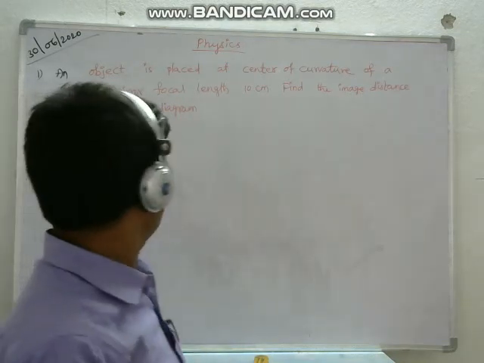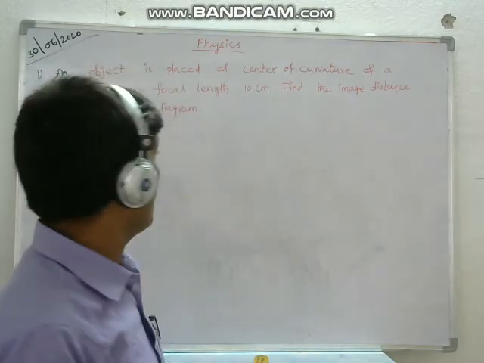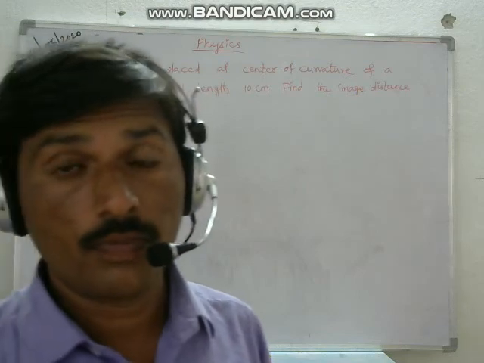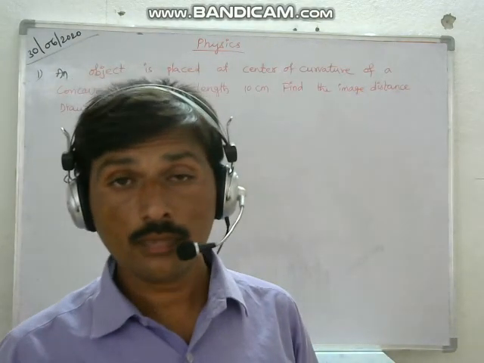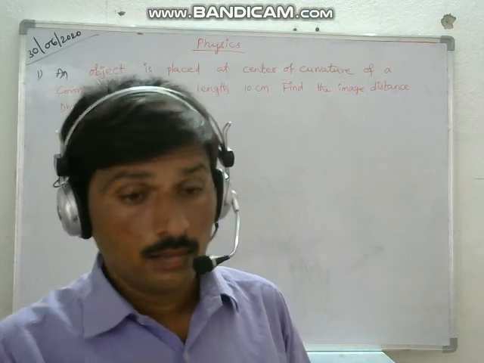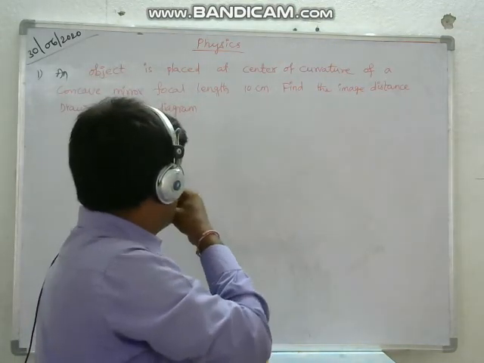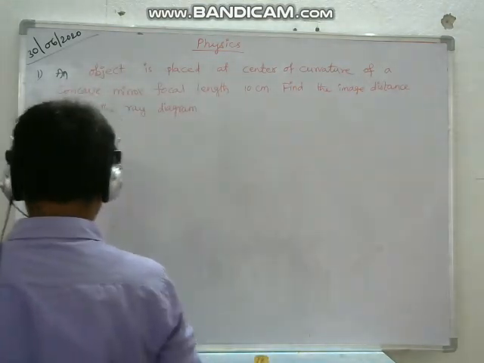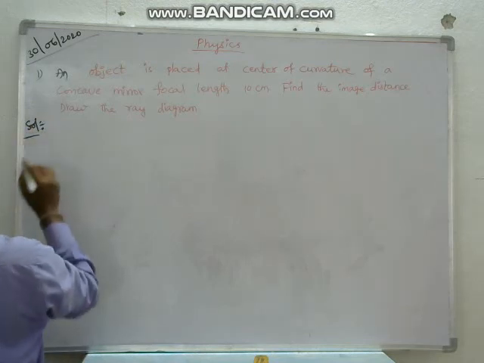An object is placed at the center of curvature of a concave mirror. Focal length 10 centimeter. The given focal length and also the given hint, that is, the object is placed at the center of curvature. So based on the relation of focal length and center of curvature, we need to find the object distance.